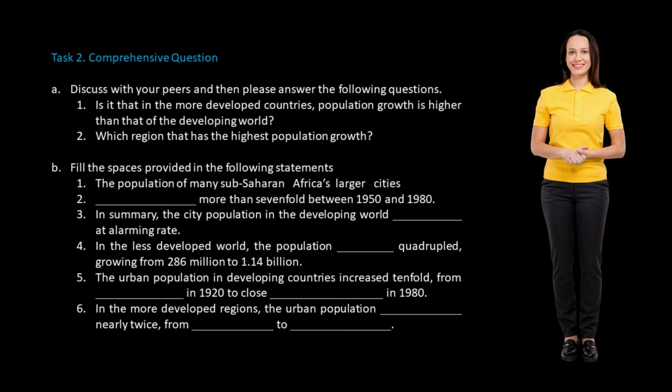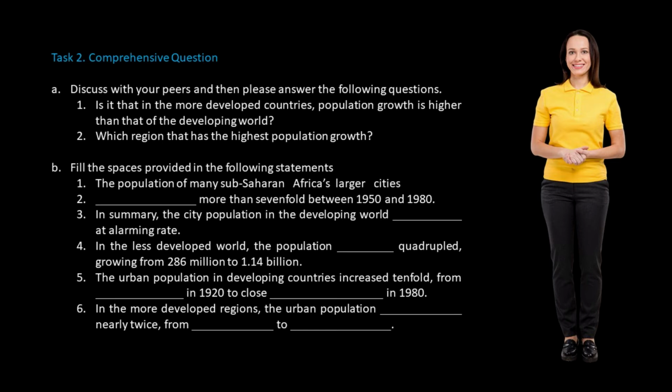B. Fill the spaces provided in the following statements. 1. The population of many sub-Saharan Africa's larger cities. 2. More than sevenfold between 1950 and 1980. 3. In summary, the city population in the developing world at alarming rate. 4.